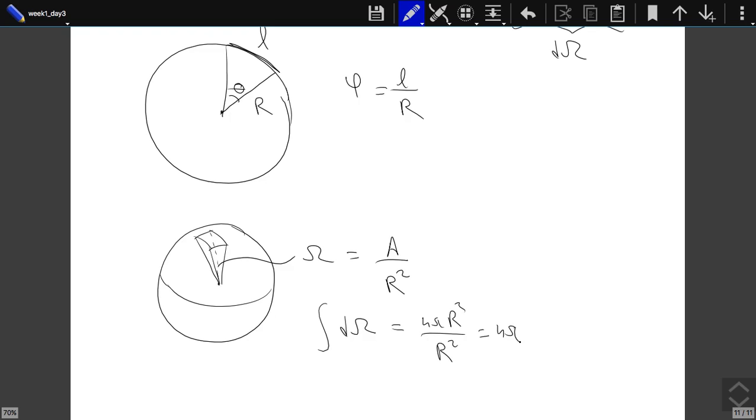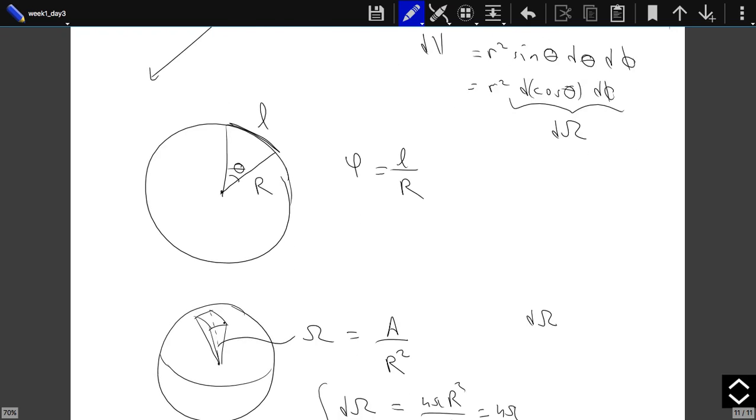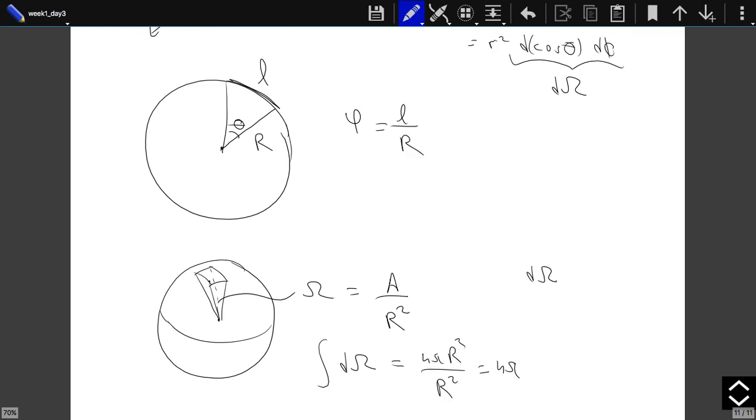And d omega is actually this one, d cosine theta d phi. If you just consider a very small area over here, it will correspond to some angles between theta and theta plus d theta, and between phi and phi plus d phi, a very small area. Should we have dr?